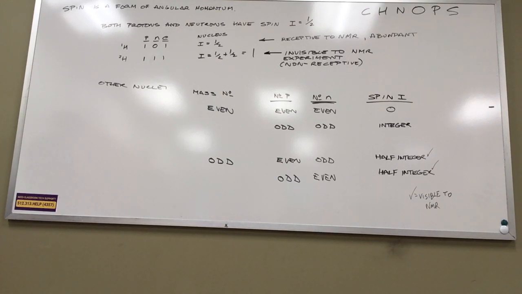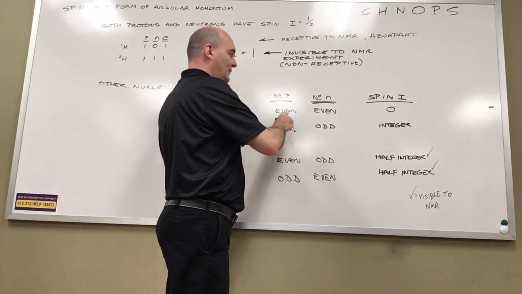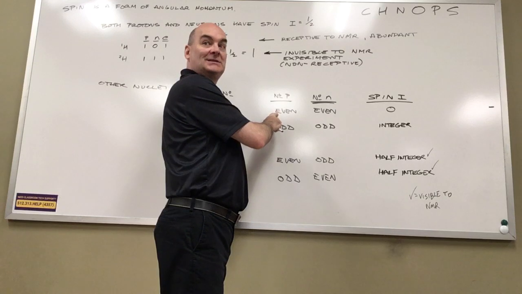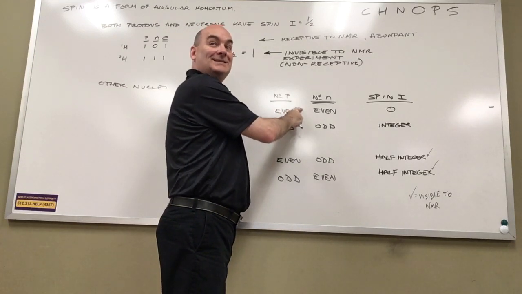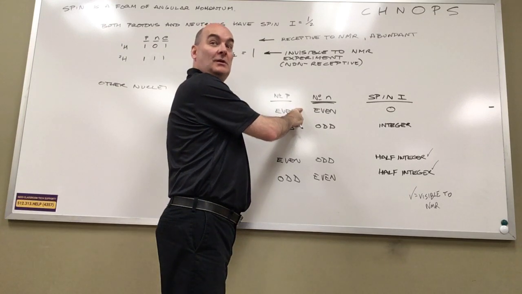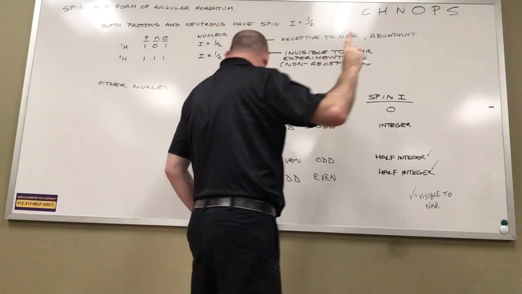Okay, carbon. Can I do carbon NMR? No. Sounds like a big fat no, because carbon would be 6 protons and 6 neutrons. Can you do a different carbon? Yeah. So like carbon 13?